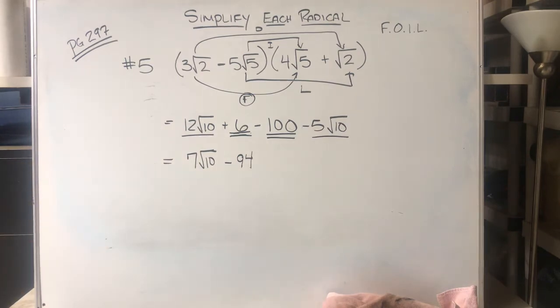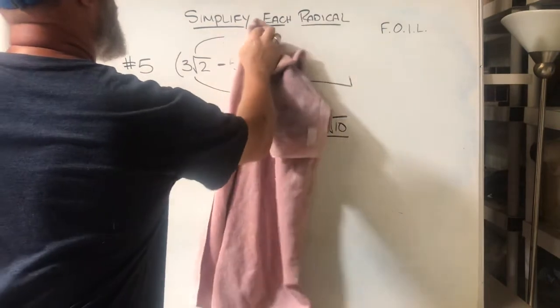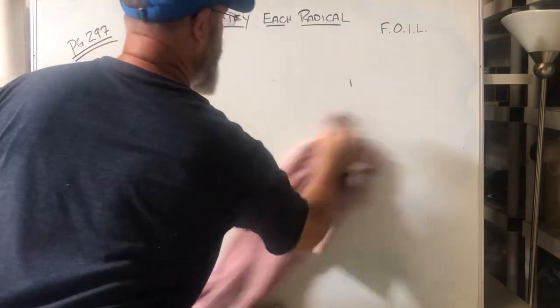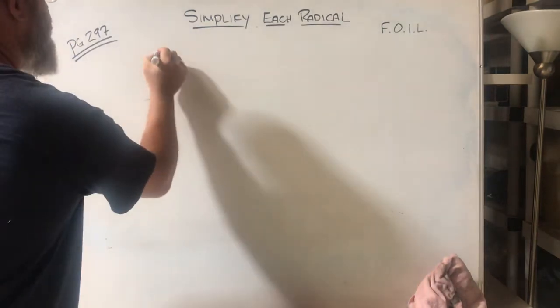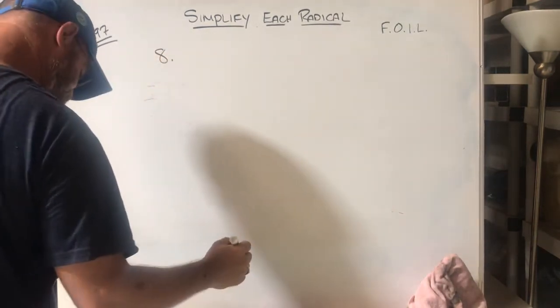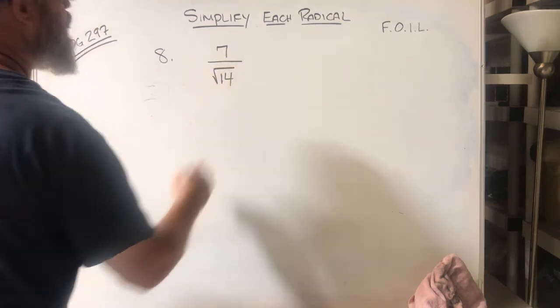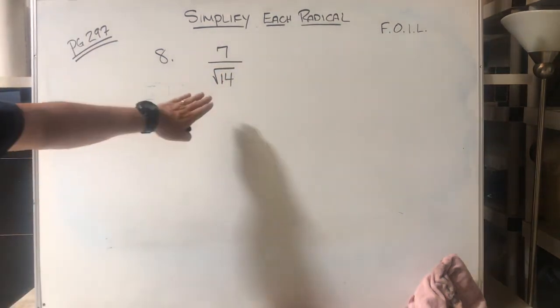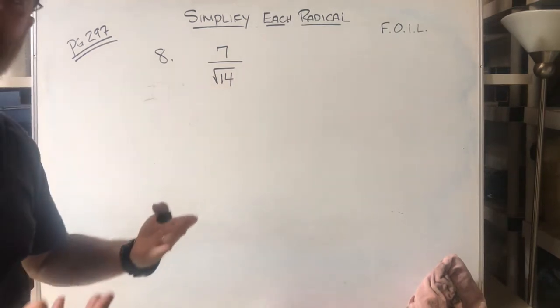Okay, let's look at number 8. Number 8 says 7 over the square root of 14. Well, we can't have a square root in our denominator, so we have to rationalize our denominator.